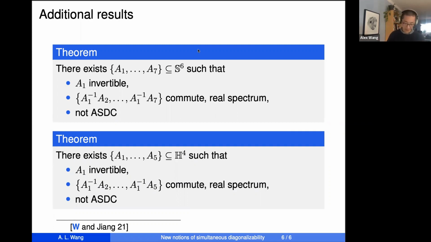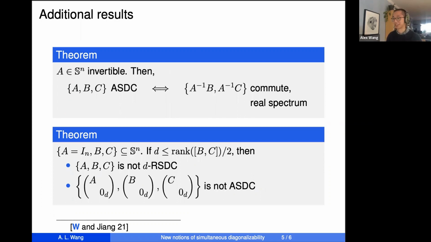We can construct for you a set of 7 matrices. Oh wait, sorry, this is the wrong result that I was trying to pull up. This is the result I'm trying to pull up. So if A is just the identity matrix, and B and C are generated randomly, say according to the GOE.